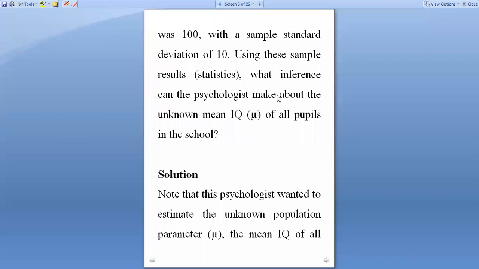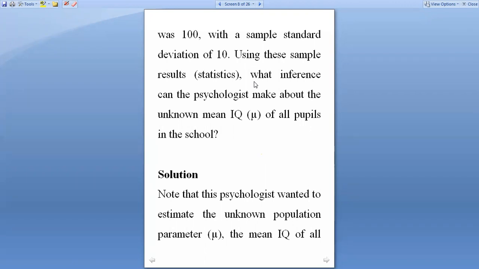So we are saying that when this psychologist collected data and calculated the descriptive statistics, which are the sample mean and sample standard deviation, how can he make inferences about the unknown mean IQ of all pupils in the school?